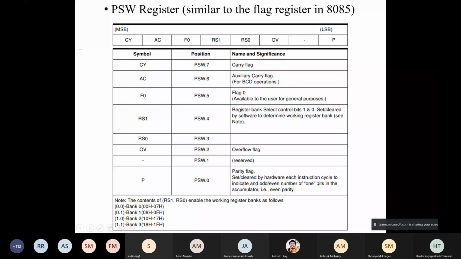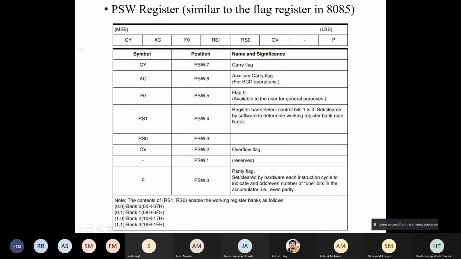So if by using instructions you are doing some arithmetic, logic, or data movement operation, then after that operation we'll see what an instruction cycle is in detail. There are machine cycles, T states, and instruction cycles. There are T states first, then machine cycles, then instruction cycles.